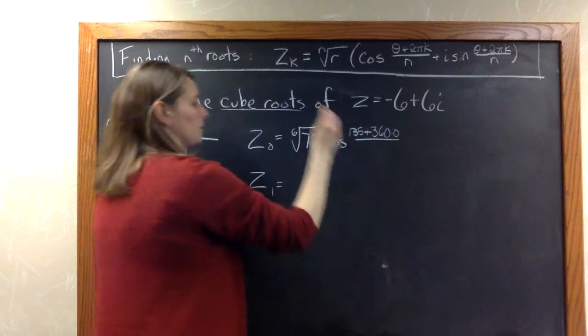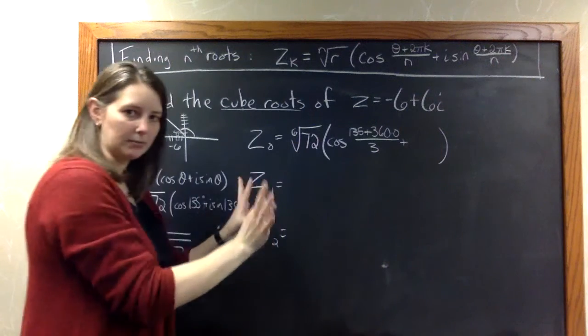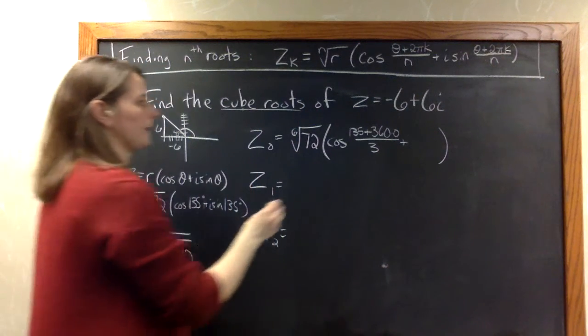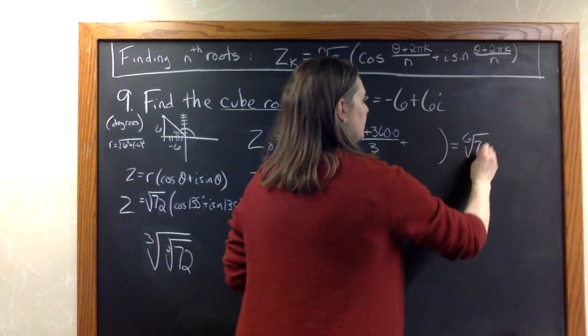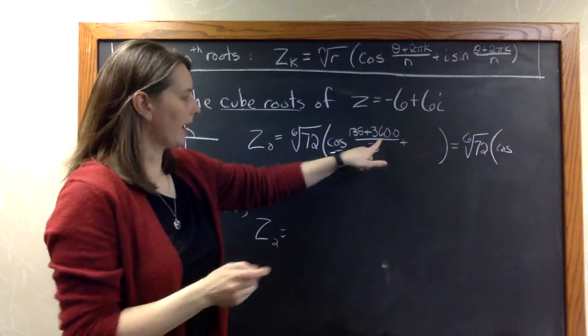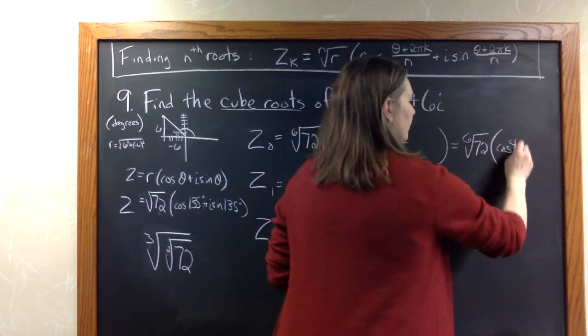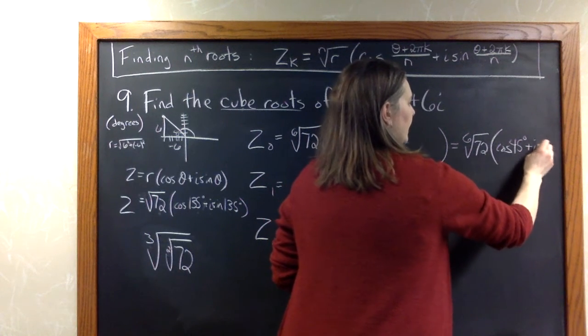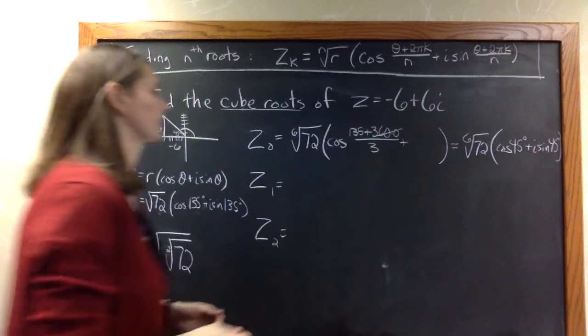This time it's cube root, so n is 3. And then remember the sine is the same thing, so I'm just going to leave that blank. Okay, so this is going to give us the 6th root of 72 and 135, this is just 0, so 135 divided by 3 is 45. And then sine is the same thing. Ooh, we're good. Tight on space there.